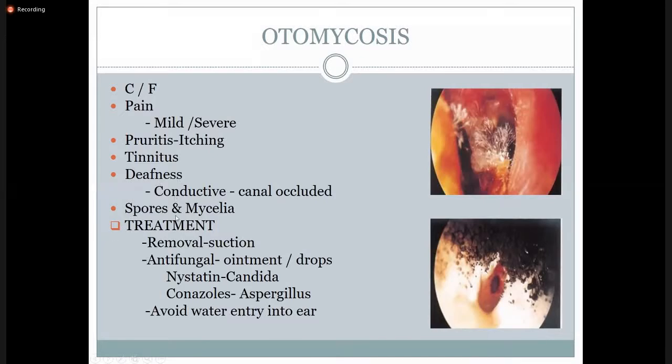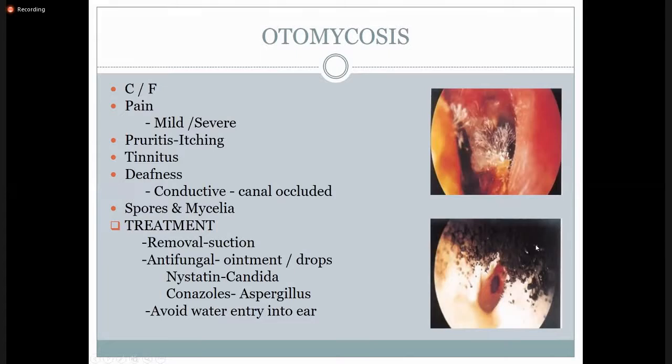On examination, spores and mycelia would be visible on otoscopy. Mycelia are the white filaments which you can see while putting the otoscope in the canal, and seeing a picture like this inside the external ear. And black spores are sometimes seen like this.